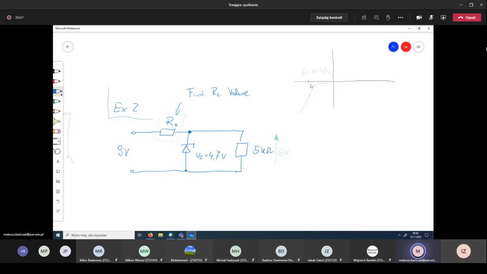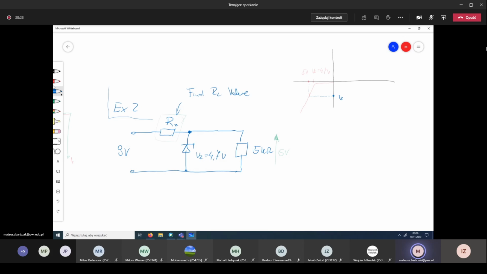And this 5 volts we will have when we have some specific value of the current. Alright. So we have the 5 volts here, and then we will have the Zener current.